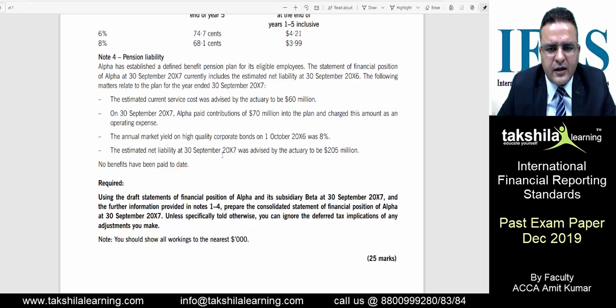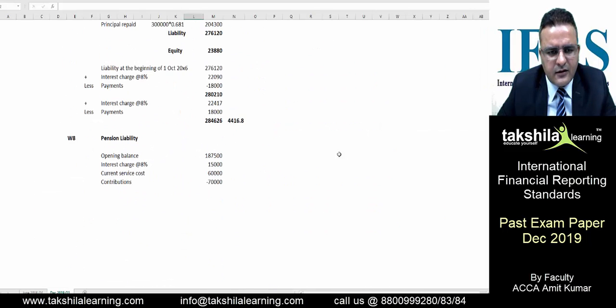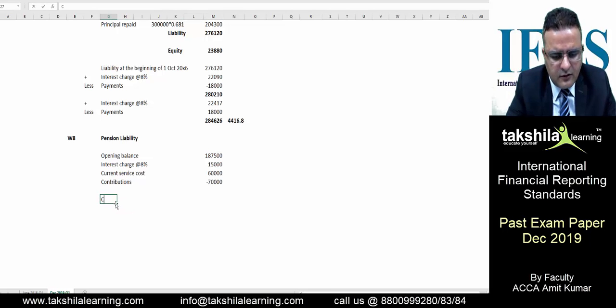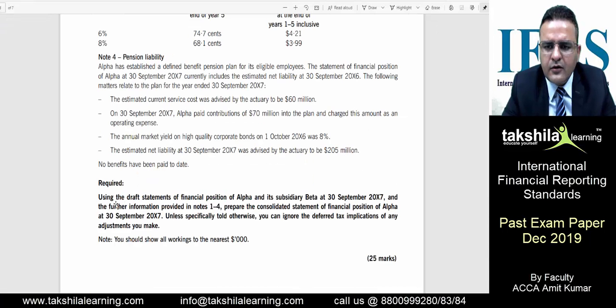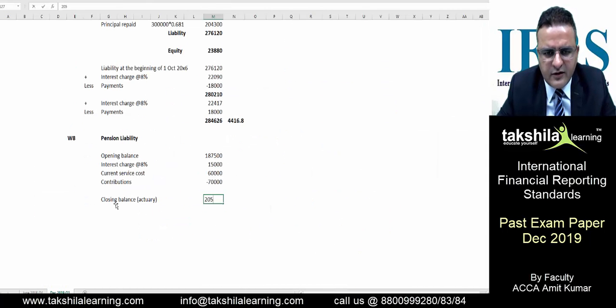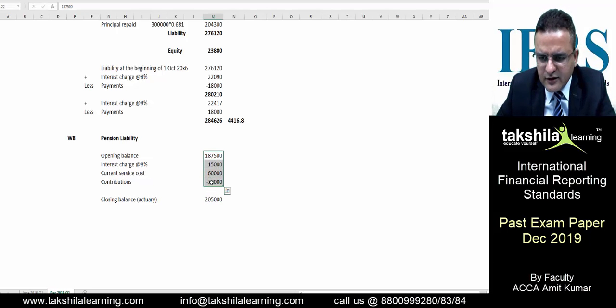The estimated net liability balance on 30th September 20x7 should be 205 million. So the closing balance as given by the actuary is 205,000, and if there is any difference, that forms part of unrecognized actuarial gains and losses.